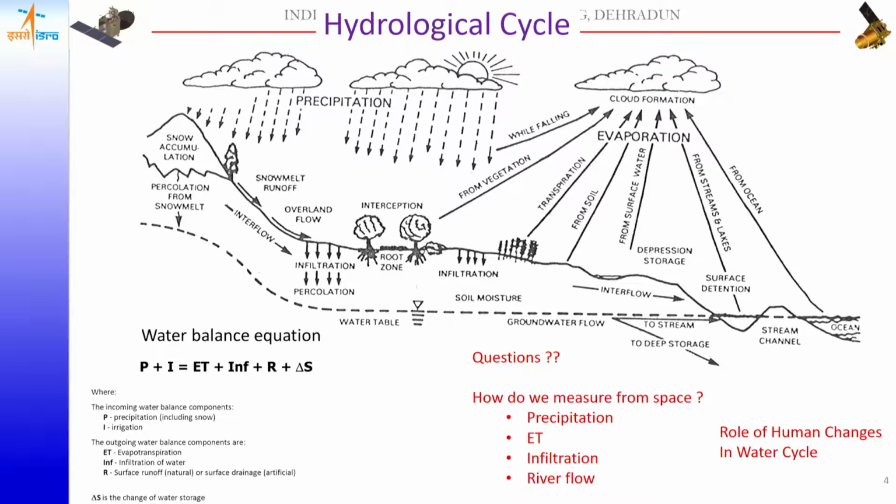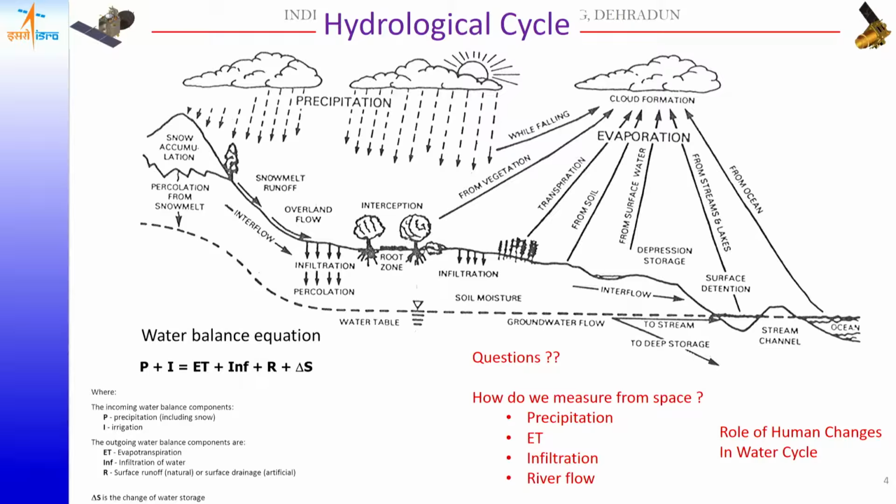That energy leads to cloud formation, and those clouds move from the oceans to the land area, and once the typical meteorological conditions are achieved, they will condense and precipitation will fall. In the higher reaches, when the critical temperature reaches below 0 degrees Celsius, it will fall as snowfall, otherwise it will fall as rainfall.